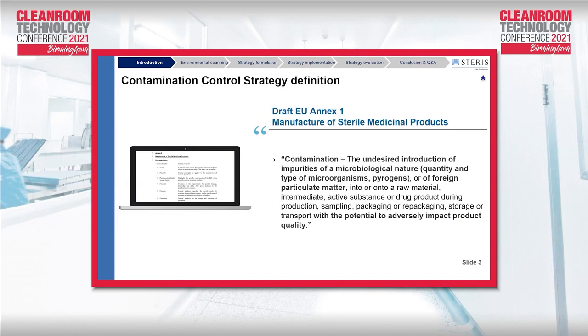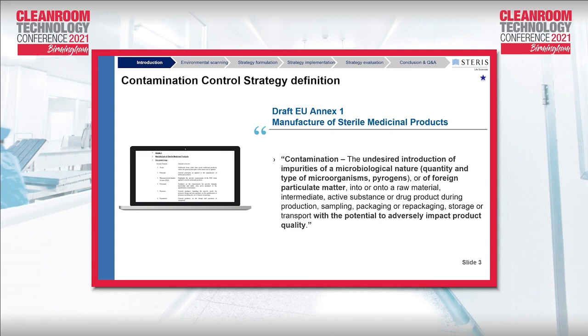We already all know the content of the draft EU Annex 1. However, just to make sure everyone is on the same page, I'm using the term contamination as the one existing in the draft Annex 1, which is about an undesired introduction of impurity of microbiological nature, depending on the quantity and the type of microorganism pathogen.